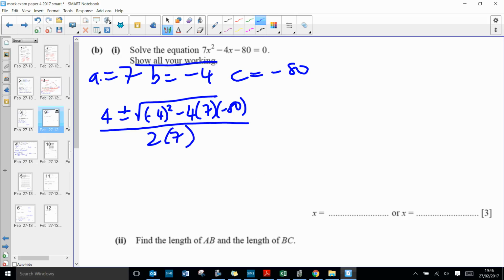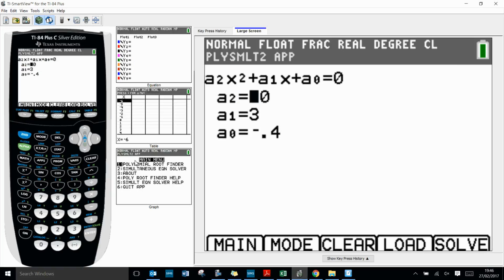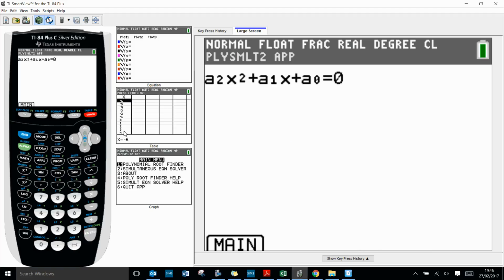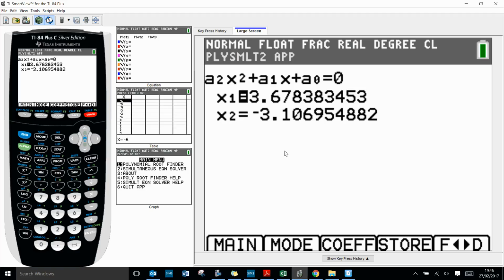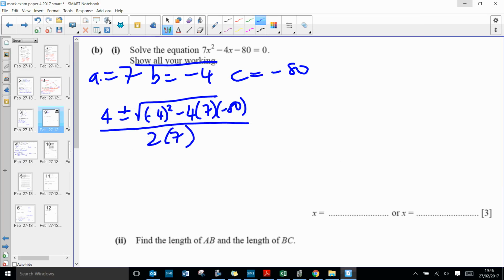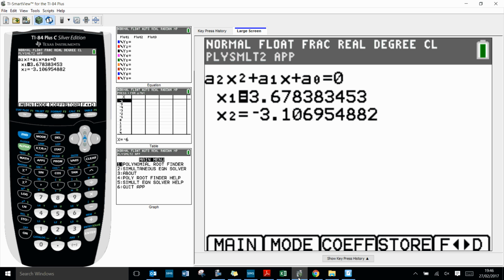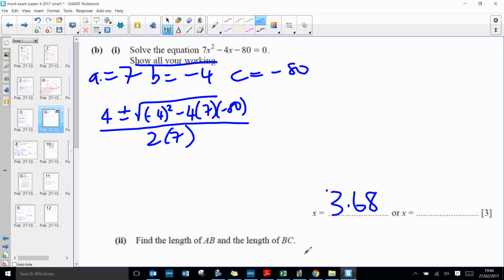So 7, negative 4, negative 80, solve: 3.68, rounding to 3 significant figures, and negative 3.11.